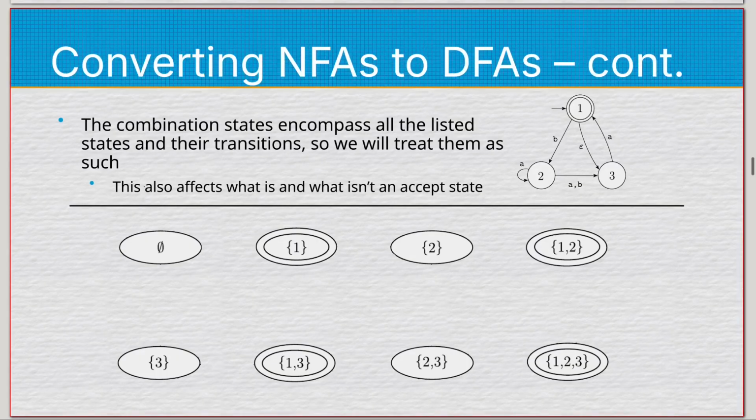This also affects what is and what isn't regarded as an accept state. If we look at the actual NFA up here, our accept state is state 1. So any state that contains a 1 in it does include that state by itself. So if we end on one of these 4, it would accept.